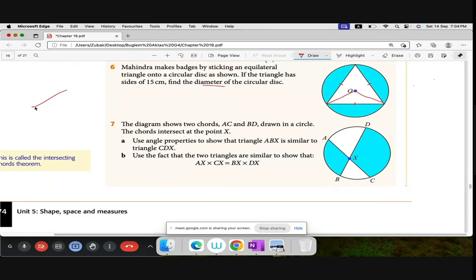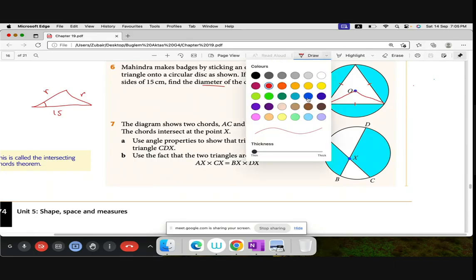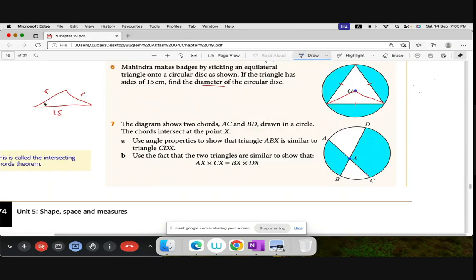If I get one of the sides, it would be the radius. Yes. Let's mention that as the radius. Do you know what this angle is? That angle would be 30. Correct. This is 30 again. 30, 30, 60, and 180 minus 60 is 120. So we know all these angles, and we can find the side.